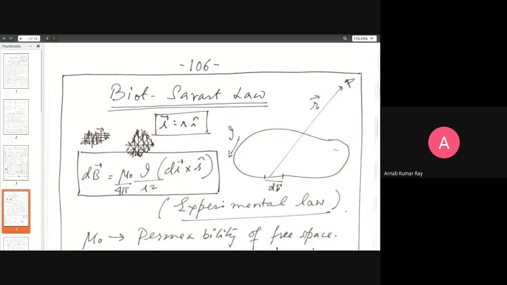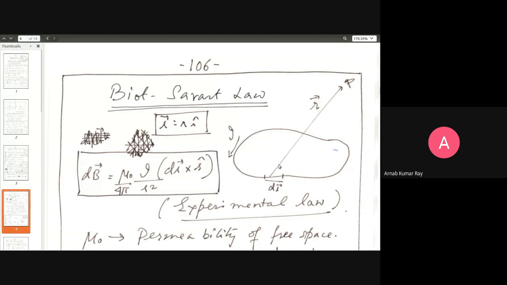Current is a flow of charges along a wire. You can either have an infinitely long wire, since you can't have a current in a finite line segment, or you can close the wire upon itself and form a closed loop so that there is no beginning point or ending point, and the current keeps going round and round that wire forever. That is the sort of situation we have.